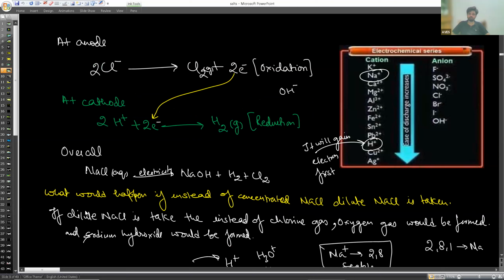It can be prepared by passing electricity through a concentrated aqueous solution of sodium chloride. And two gases are formed: one is chlorine and the other is hydrogen gas. Chlorine gas is formed at the anode, and hydrogen gas is formed at the cathode.